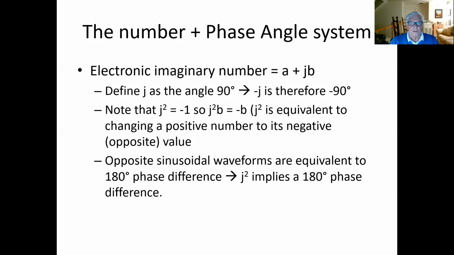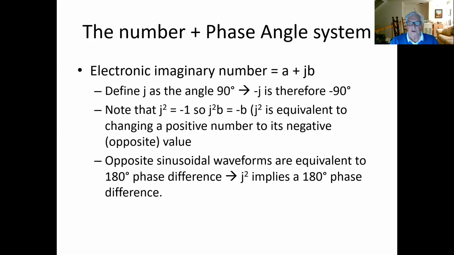If you notice, J squared is equal to -1. So if you have a number b multiplied by J squared, the answer is -b, a real number.